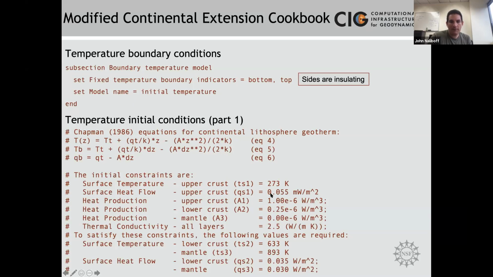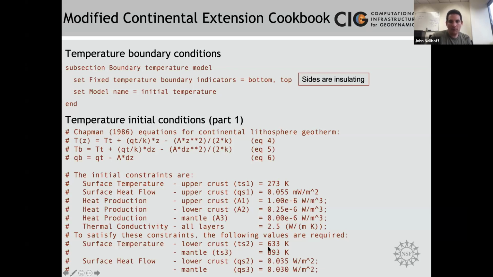If you prescribe enough initial values, what we're doing here is giving the initial surface heat flow, we know the heat production of each layer, and we know the thermal conductivity of each layer, we can systematically go from the upper crust to the lower crust to the mantle and calculate what the geotherm looks like.